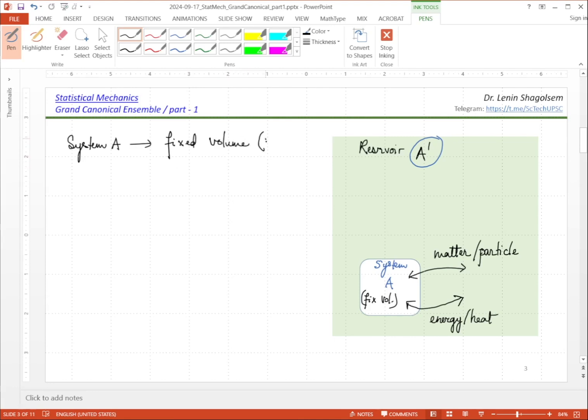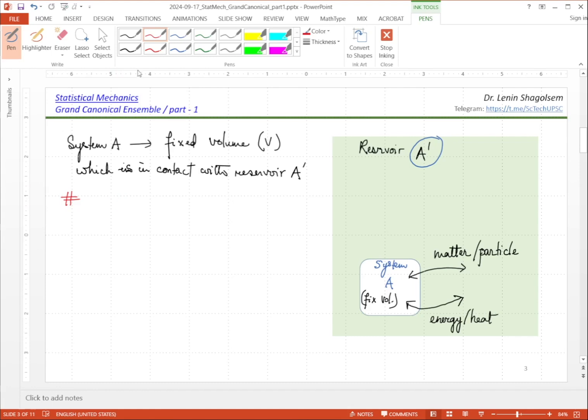Our system A has a fixed volume V, and is in contact with reservoir A dash.